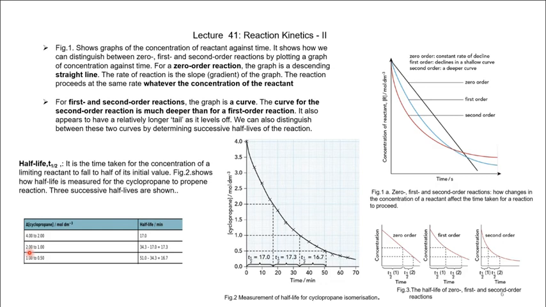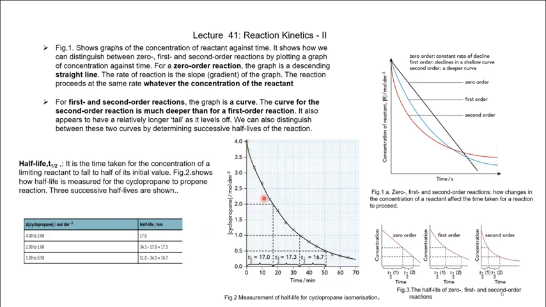And if we go from 2 to 1, we get the half-life for this. And if we go from 1 to 0.5, the half-life is 6.3. So here we can see the half-life of this reaction is 17 minutes.